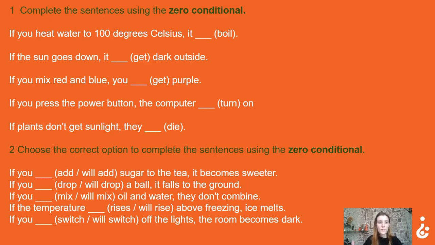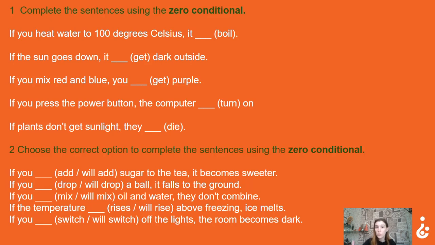And second, choose the correct option to complete the sentences using the zero conditional. If you add sugar to the tea, it becomes sweeter. If you drop or will drop a ball, it falls to the ground.